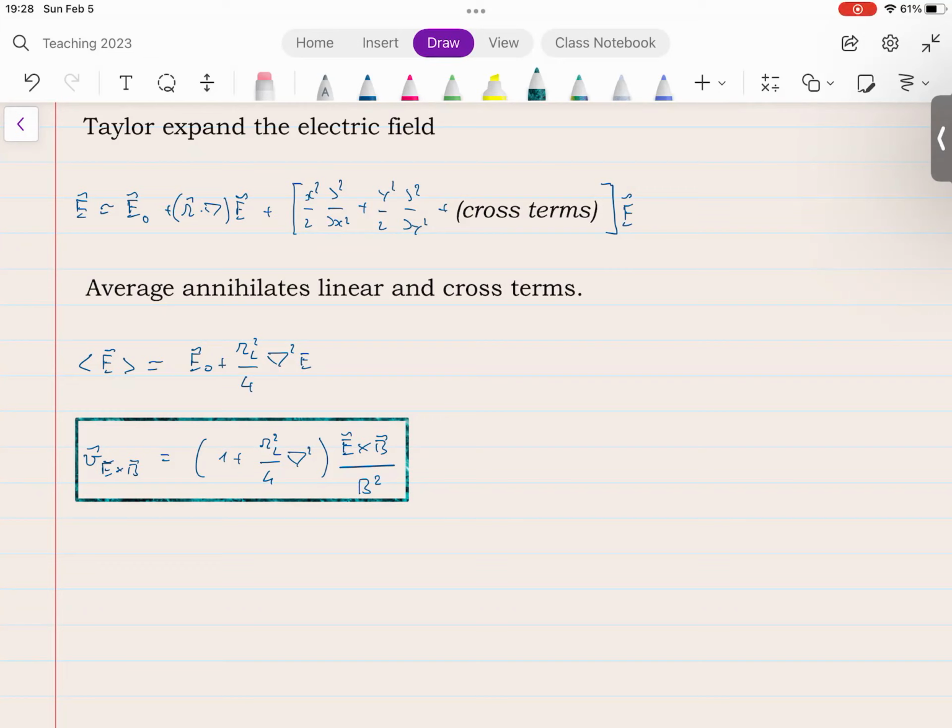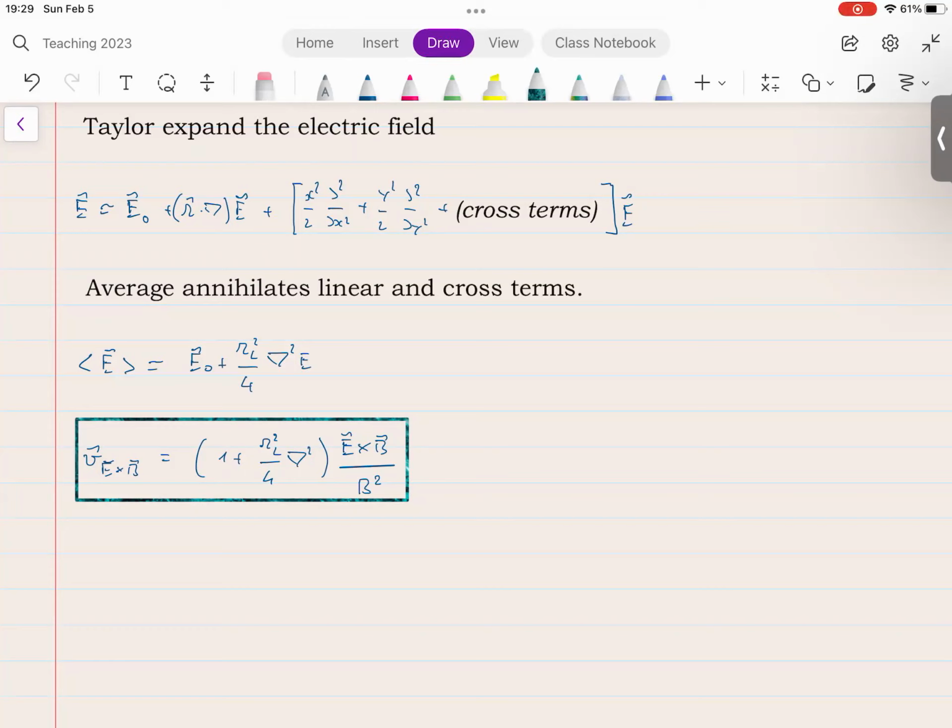And doing the calculation, you notice that linear terms are going to be averaged to 0, and therefore you need to keep higher order effects. Fortunately, second order effects do not average to 0, so that's where you can stop.